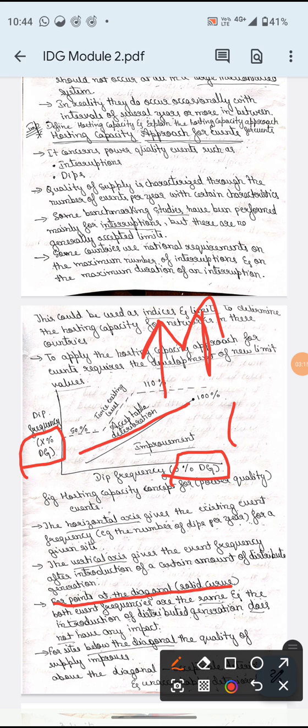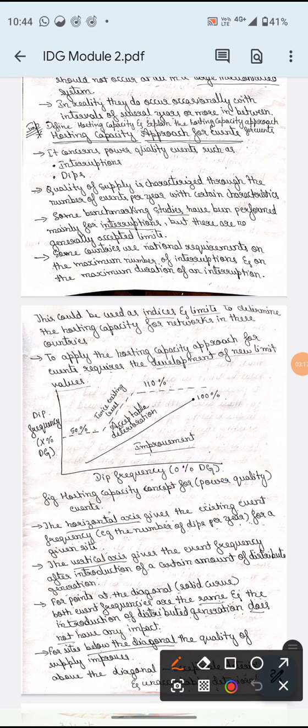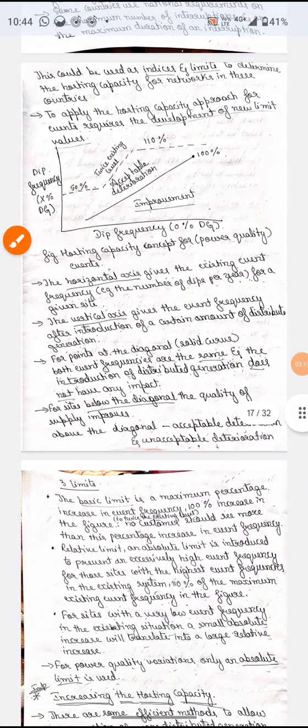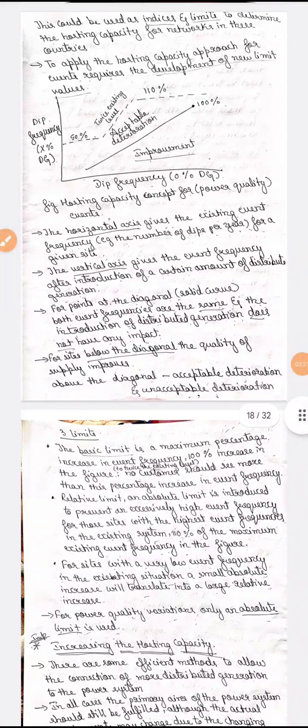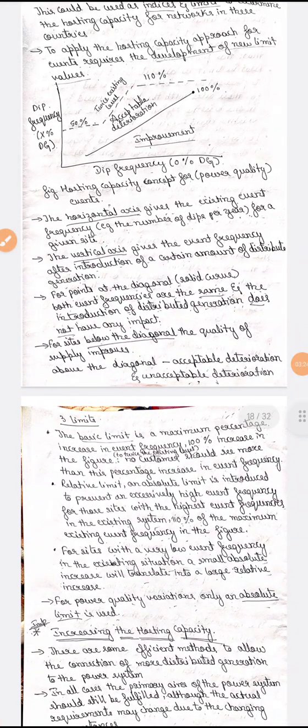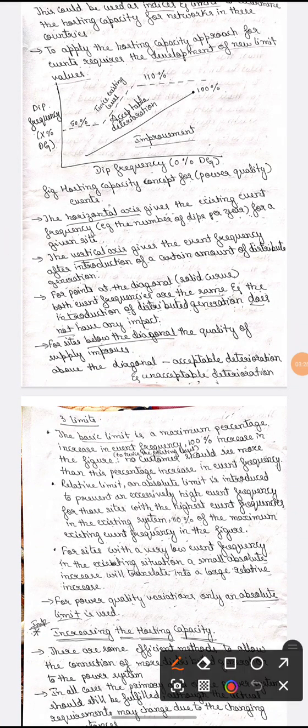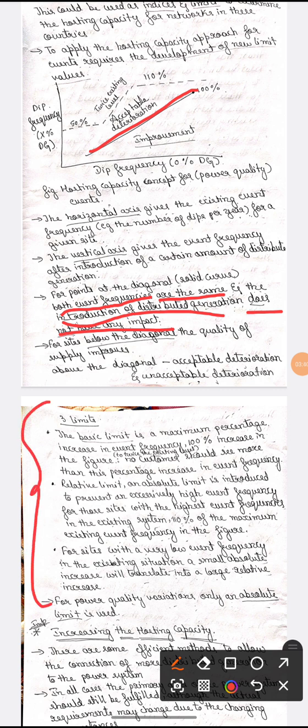So below, quality of supply improves. This solid curve is the same for both event frequencies, and the introduction of DG does not have an impact on this. Here the three basic limits are there.